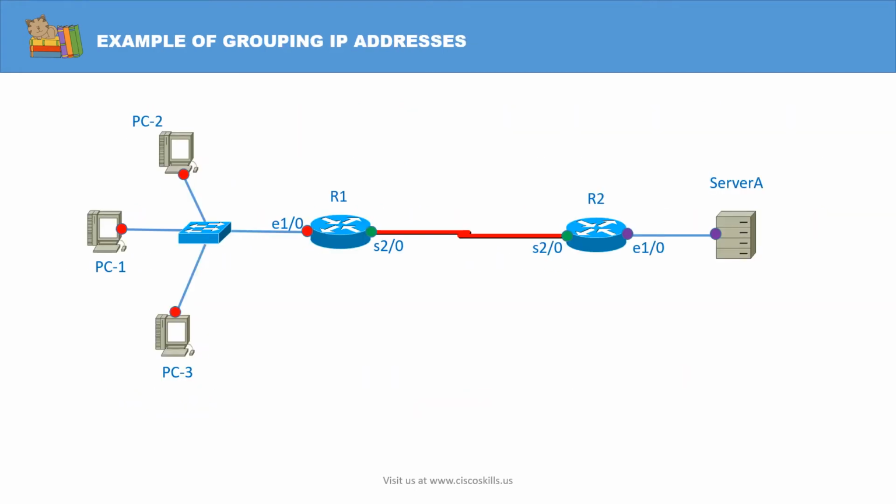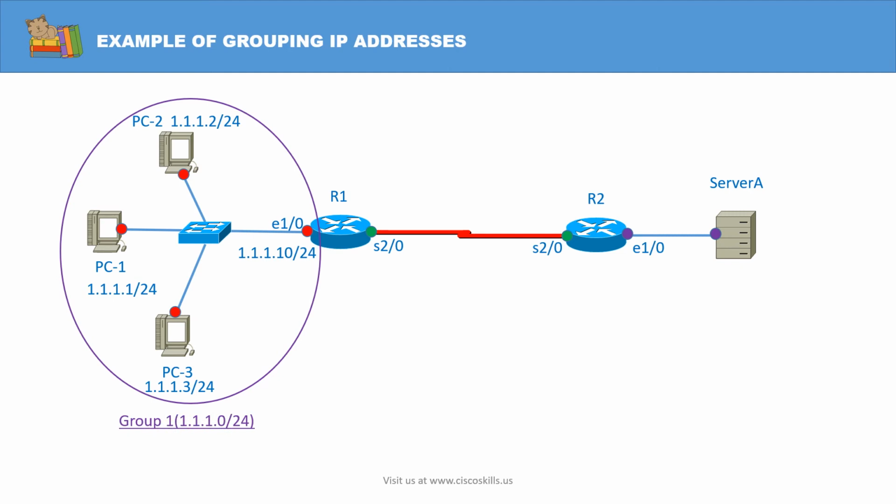Let's analyze and perform grouping IP addresses in this network diagram. By following the two foundational rules, we can group the IP addresses as follows. The IP addresses of PC1, PC2, PC3 and the interface E10 of router 1 in group 1.